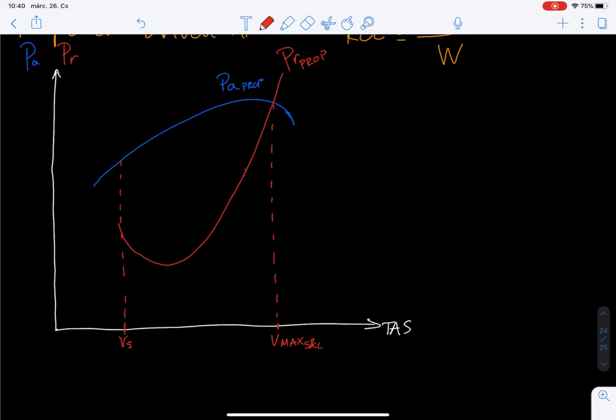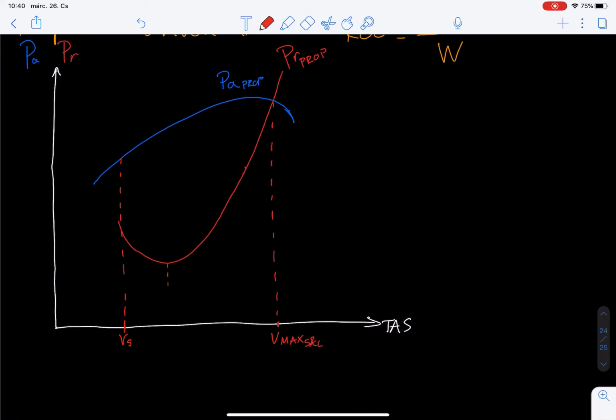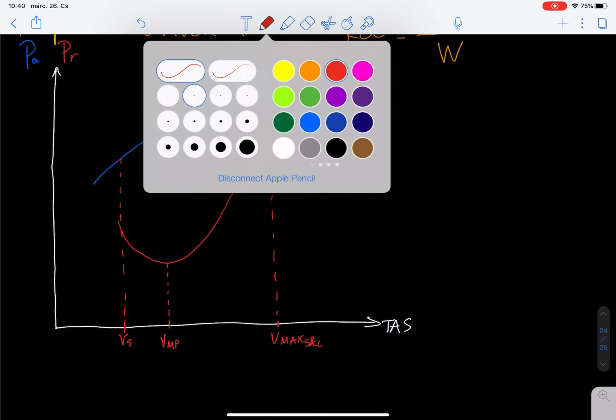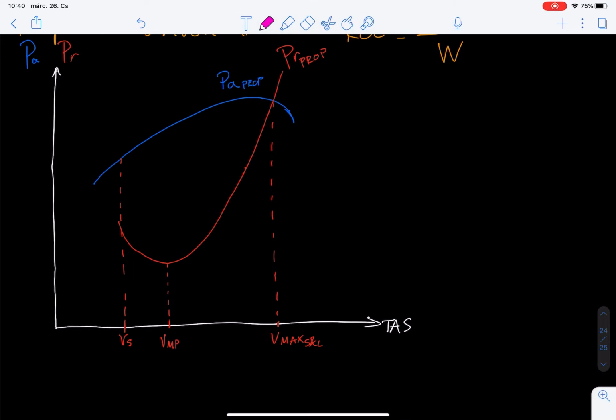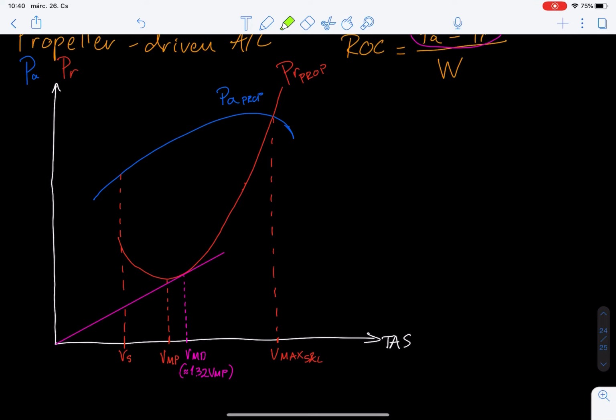Okay, so we're also going to have the VMP, the minimum power speed, and we're going to have the tangent to the curve somewhere right here, and this would be your VMD, right? So approximately 1.32 times the VMP.